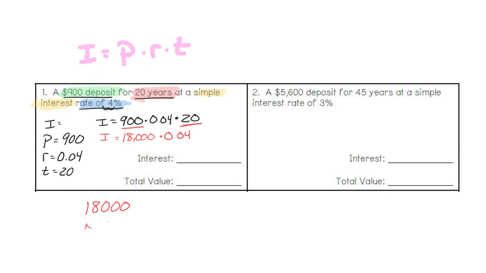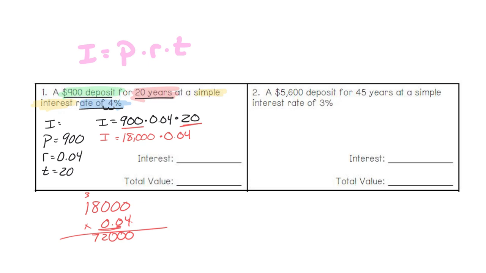Now here's where we probably need some more room. 18,000 times 0.04. Do that math as usual. So 4 times 0 gives you 0. 4 times 0, 0. 4 times 0 gives you 0. 4 times 8 is 32. Put the 2 down, carry the 3. 4 times 1 is 4, plus 3 gives you 7. Now, since I have just zeros for the rest of the numbers, I don't have to do any more math.